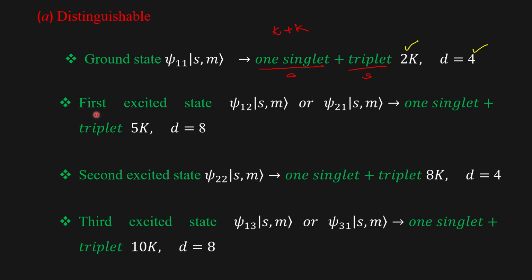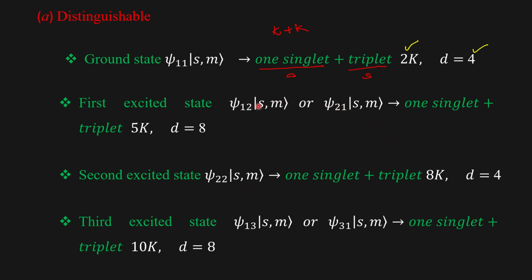Then what about the first excited state? The first excited state is psi 1 2 multiplied by ket s comma m, or psi 2 1 s comma m. Here also one singlet and one triplet, but in this state we can distinguish between psi 1 2 and psi 2 1.